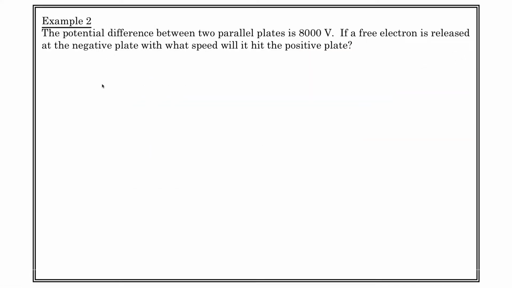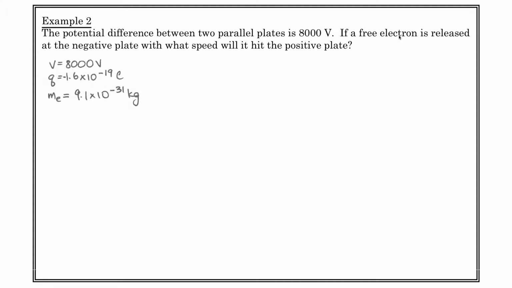All right, so here's example 2. The potential difference between 2 parallel plates is 8,000 volts. If a free electron is released at the negative plate, with what speed will it hit the positive plate? We have lots of tools at our fingertips to solve a question like this. One reason this is difficult is that we wonder which tools to use.